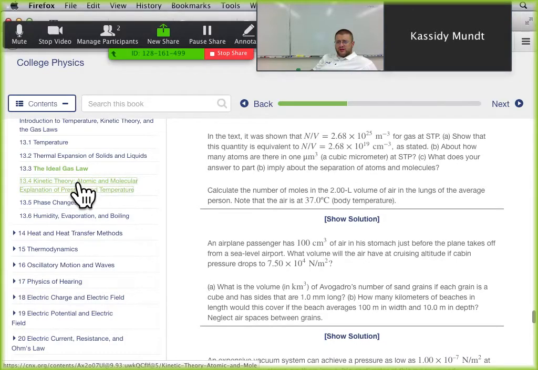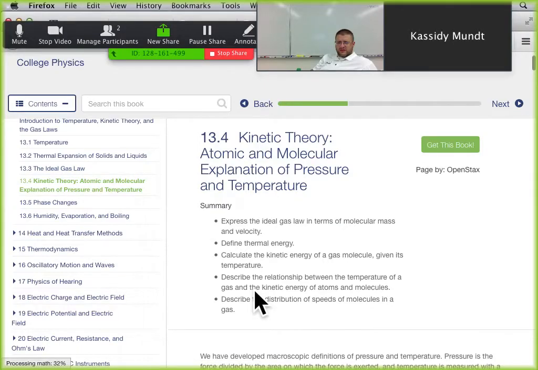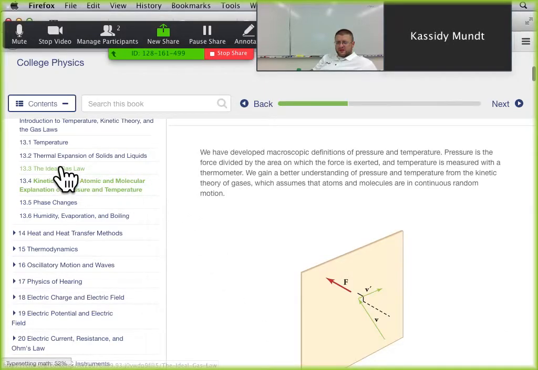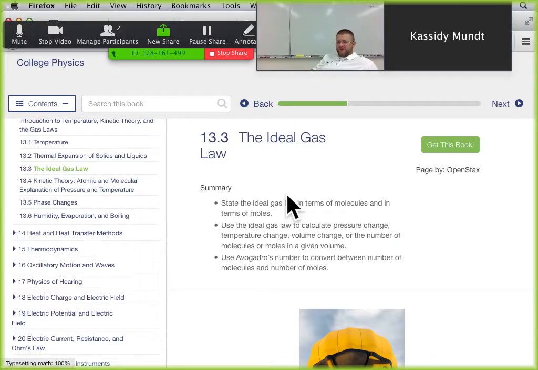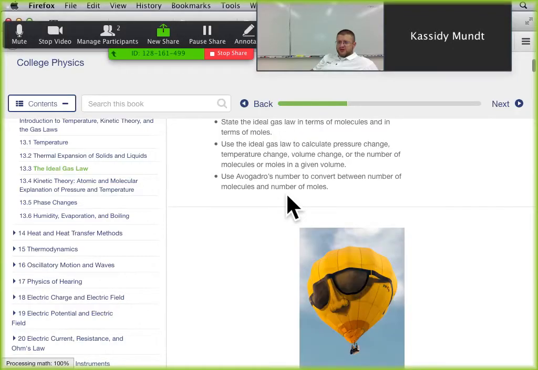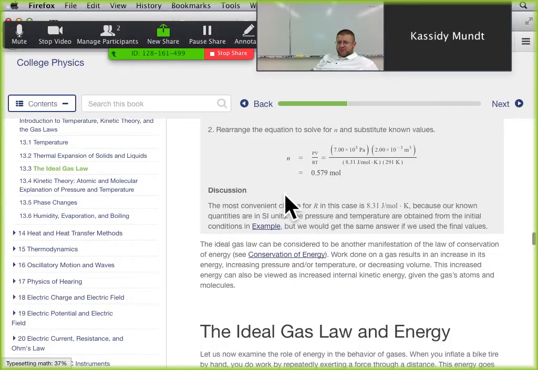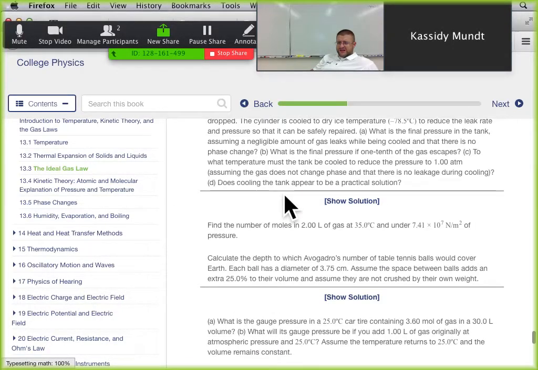What was the last one you had? There was the number density of gas atoms. Remember, number density is a number per volume, an amount per volume. So it's the number density problem. Give you a little bit of a challenge there.